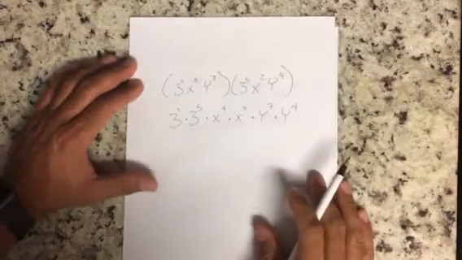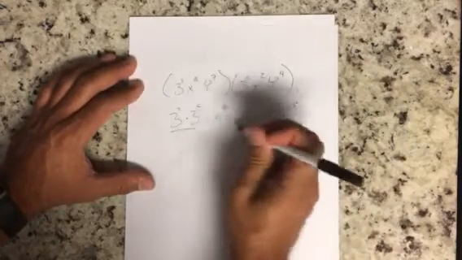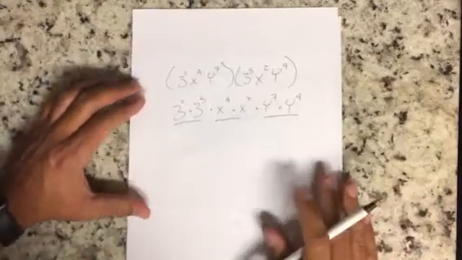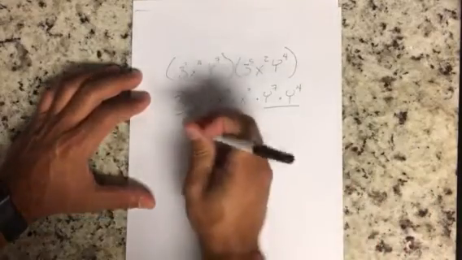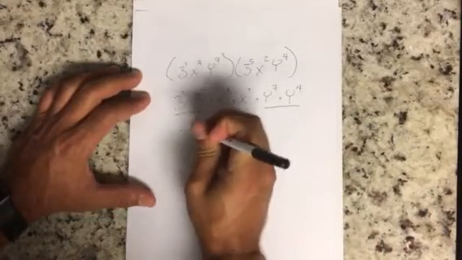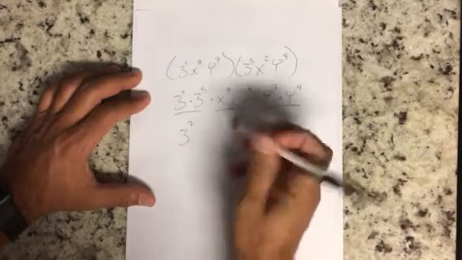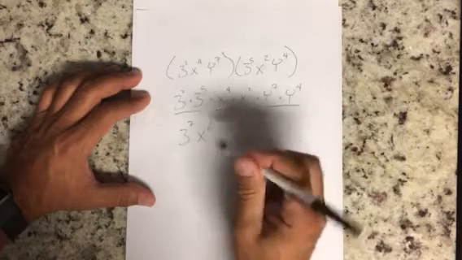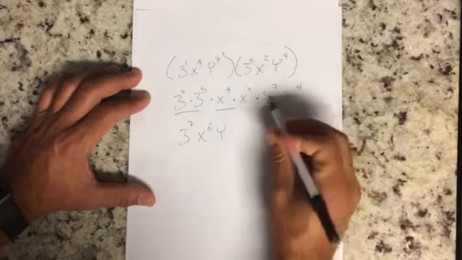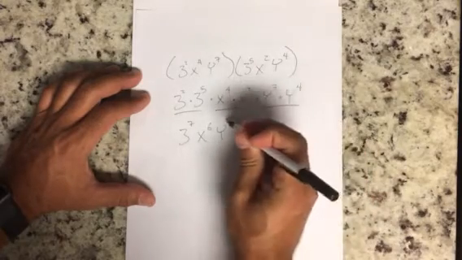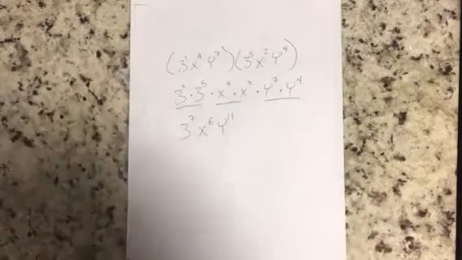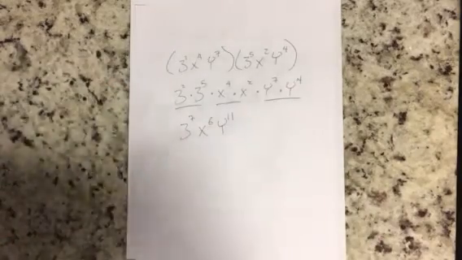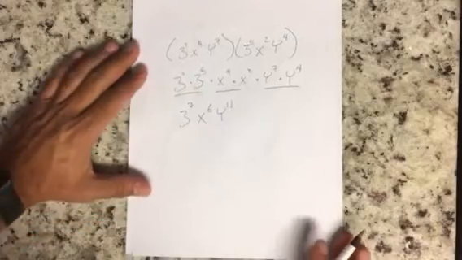All I'm doing is rearranging them so that the same bases are next to each other, to make it a little easier on myself. This is going to become 3 to the 7 because 2 plus 5. This is going to become x to the 6 because 4 plus 2. This is going to become y to the 11 because 7 plus 4. So only the parts that are the same go together, and we change it up.